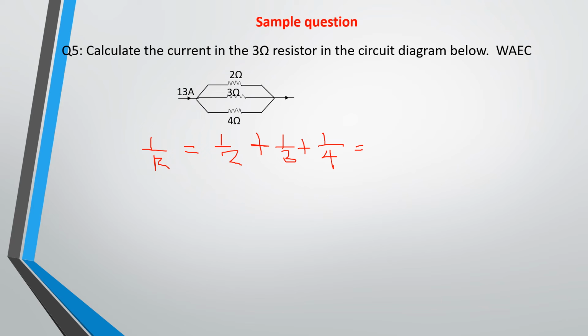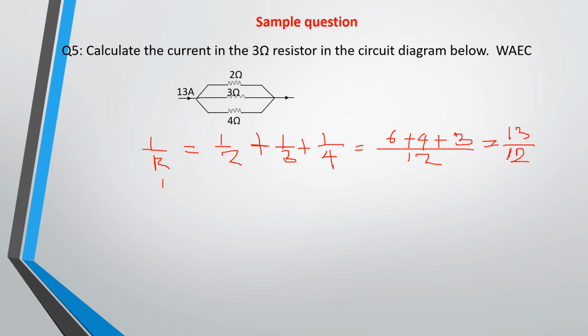Okay, so the LCM of 2, 3 and 4 is 12. So 12 divided by 2 is 6. 12 divided by 3 is 4, and 12 divided by 4 is 3. So when you add this up, you are going to have 13 over 12.